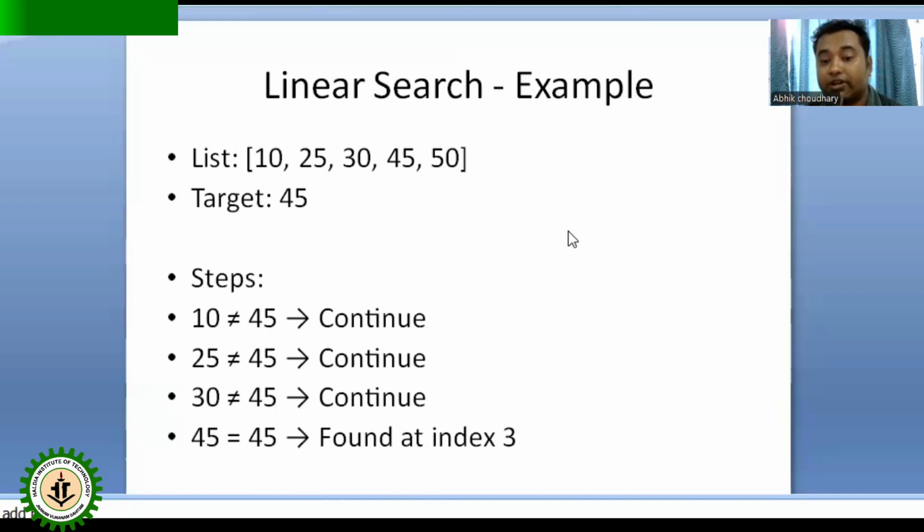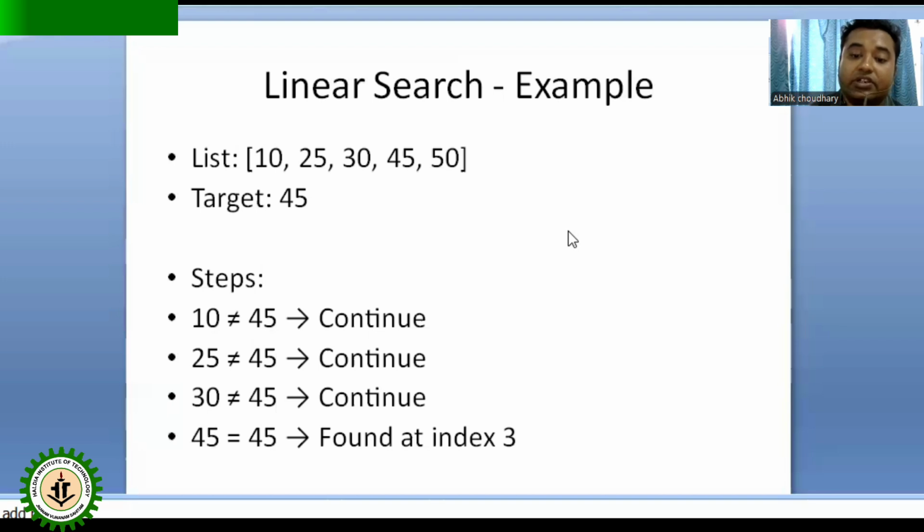Why 3? We know what an array is. An array is a collection of similar data type items, homogeneous type data items. So the array starts its indexing from 0 to n-1. Then the position of 10 is 0, and similarly 25 is 1, 30 is 2, 45 is 3.